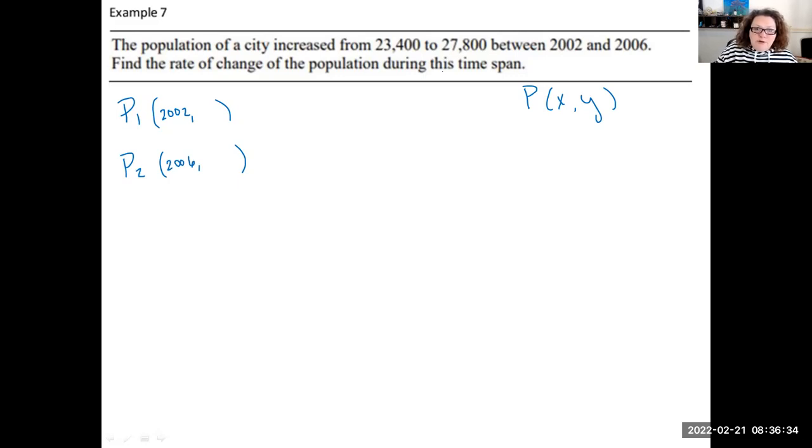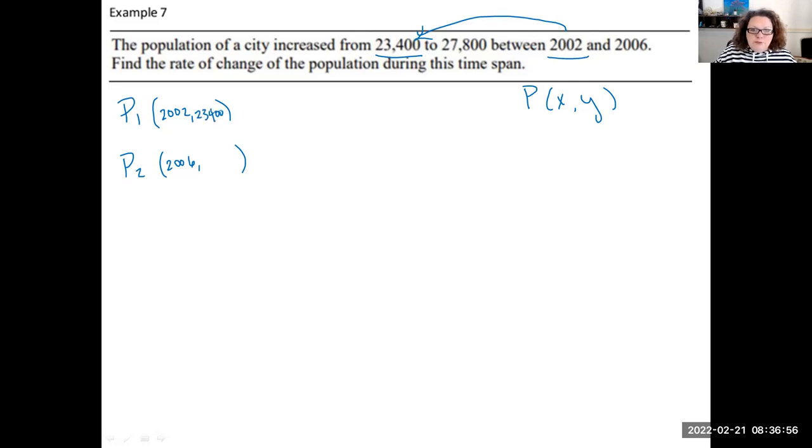And the output for this is the 23,400 and the 27,800. Well, which one came first? This one did. And which time came first? This one did. So these two go together. In 2002, the population was 23,400.